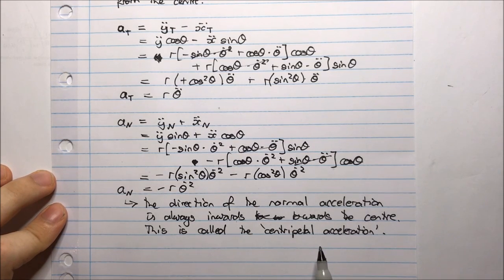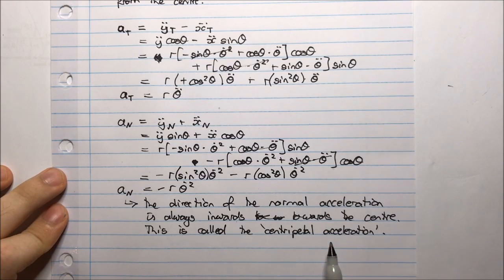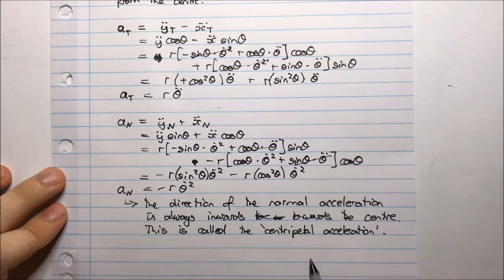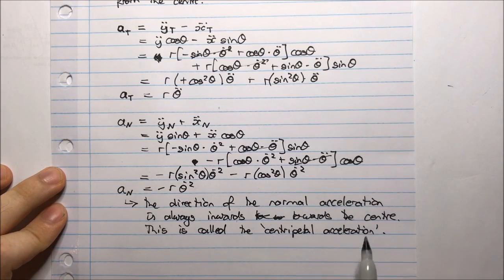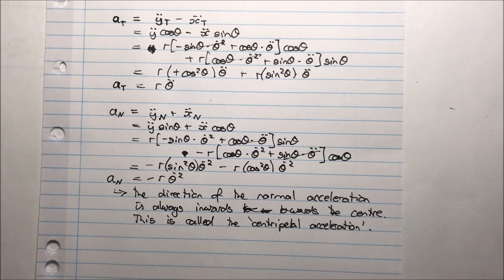Now, the tension force is going to be the centripetal force. But you can see that the physical force, the force that we actually observe in nature, is not centripetal force, it's the tension force. And so the acceleration due to that force is going to be the acceleration due to the tension, and we call that the centripetal acceleration.